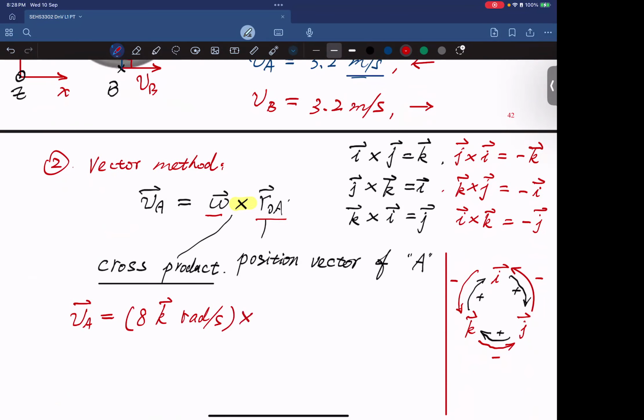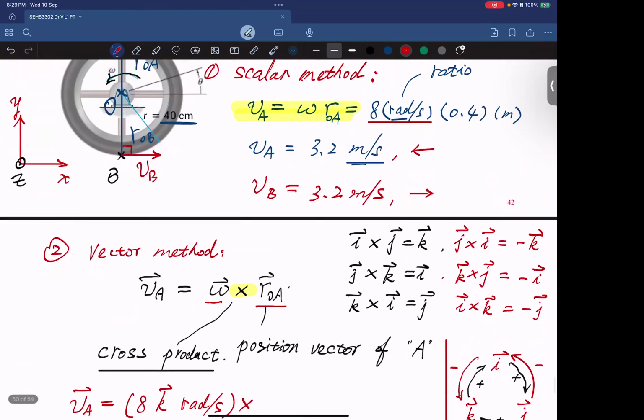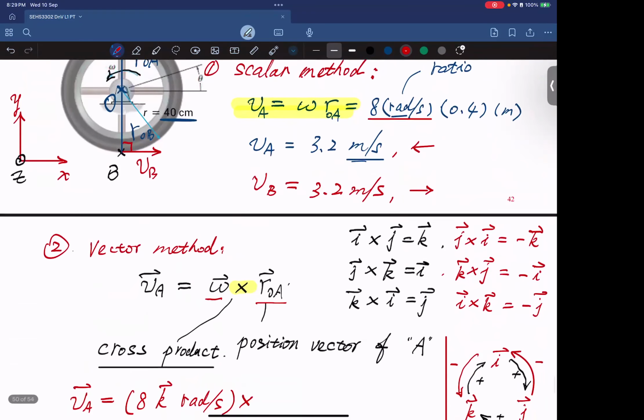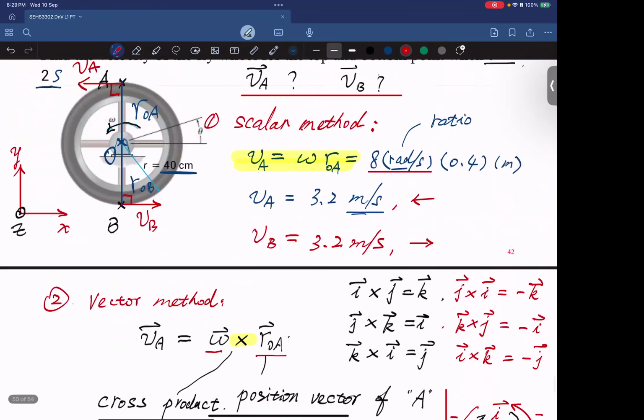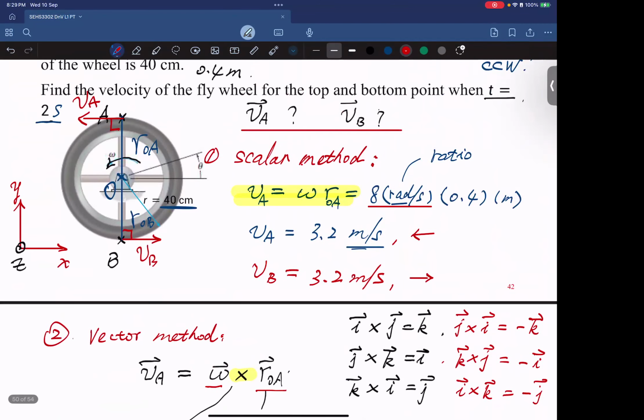Cross r_OA. r_OA is the position vector of A. So OA means from O to A. It must be like this, from O to A, in line with positive j, or positive y, right?